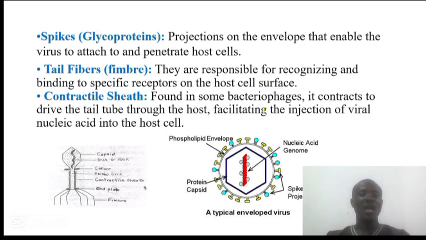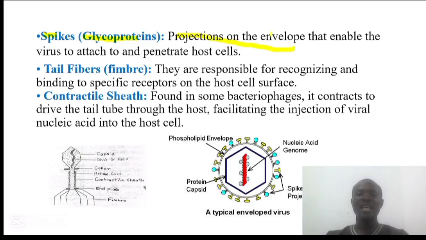And we have the spike, which is a glycoprotein. That means it is made up of carbohydrates and protein, not like the capsid that is just made up of protein. The spike is made up of protein and carbohydrates. So this spike is a projection on the envelope.